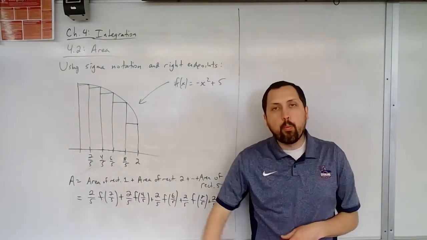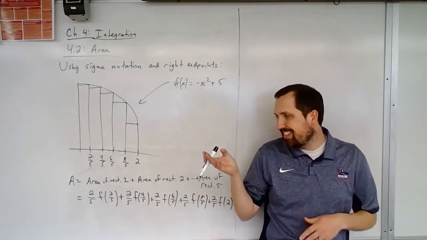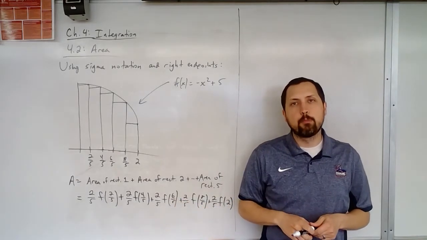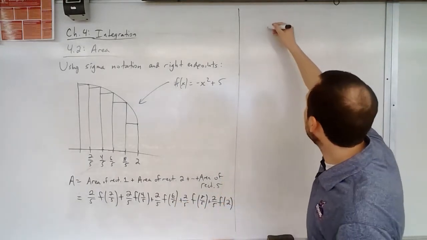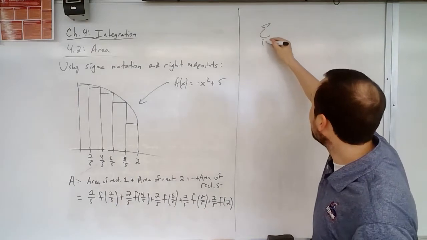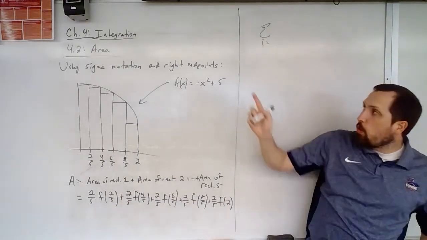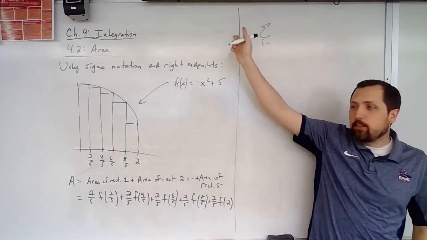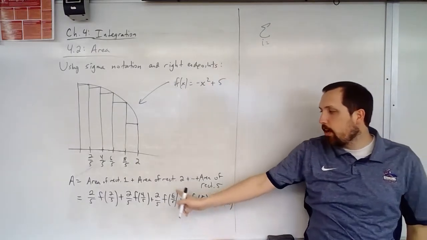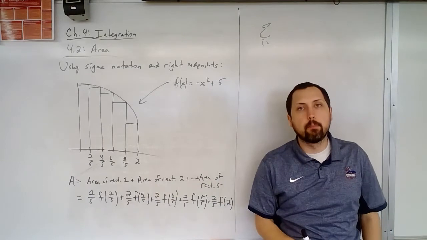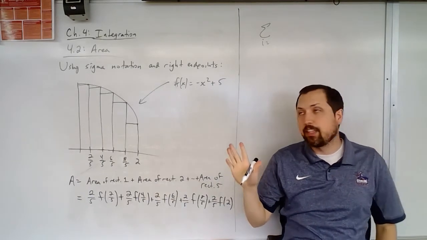Now, we have to figure out how I could write this in sigma notation. Remember, sigma notation is going to have a sum. I is going to go from something to something else. So how far we go is going to be dependent on how many of these things should appear in our sum. So we have 5 of these.